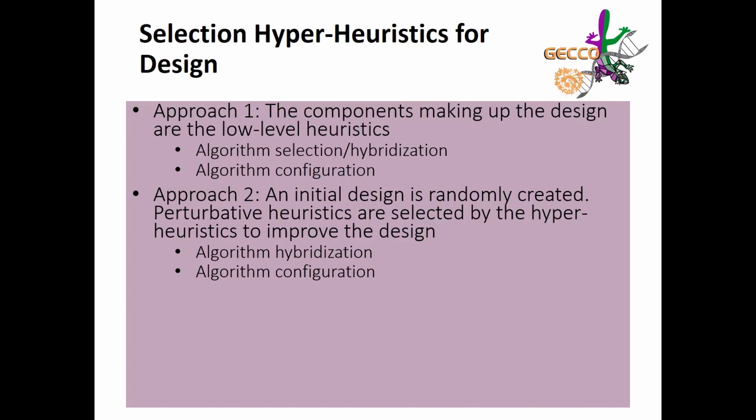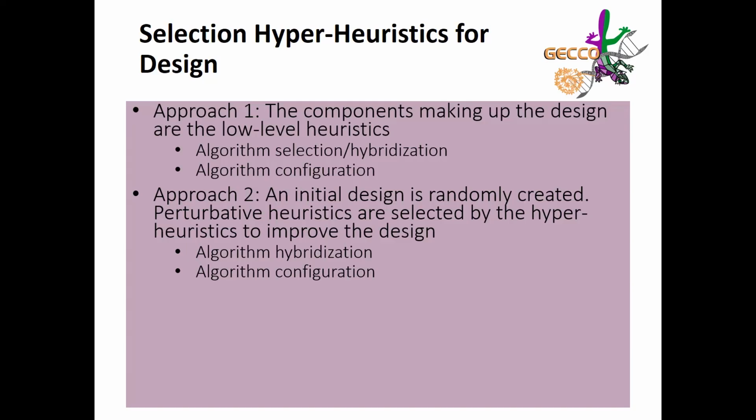If you want different parameters for your GA, your population size, your tournament size, you randomly create that initial design. The hyperheuristic then works indirectly on it. It searches a heuristic space that will choose perturbative operators that will change the design, and that we found to be the most effective one.